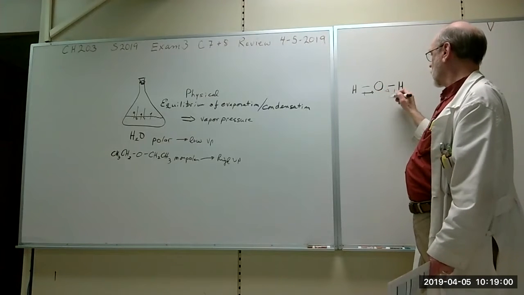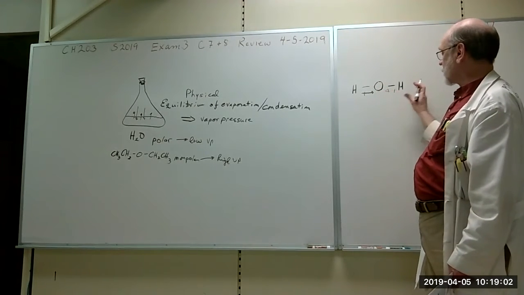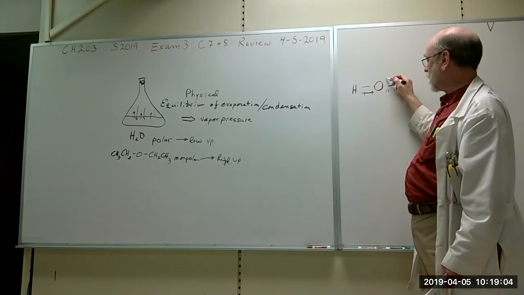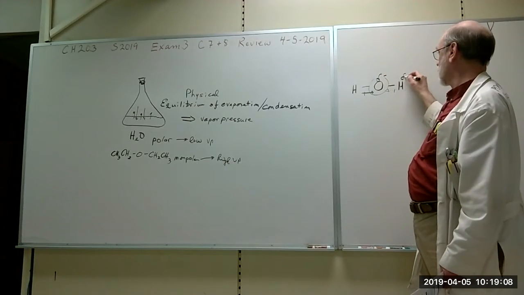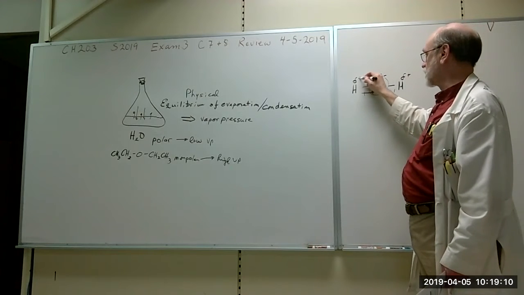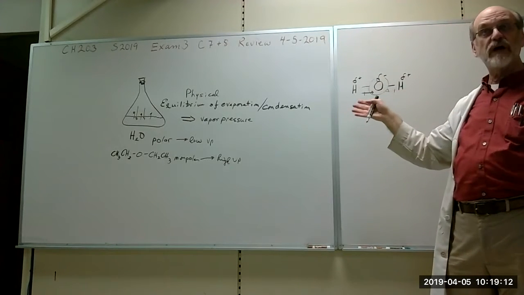Right? So we redistribute some of the electron density around oxygen, and that gives it a slight negative charge and a slight positive charge for the hydrogens. So you get polar bonds.